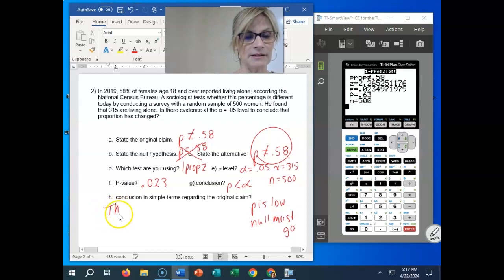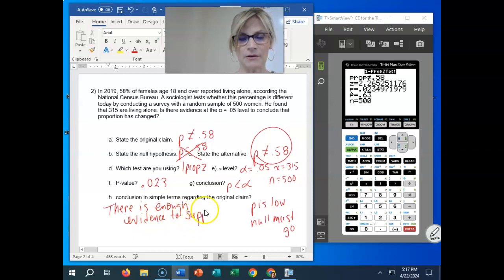And again, there is enough evidence to support the claim that the proportion of women living alone has changed.